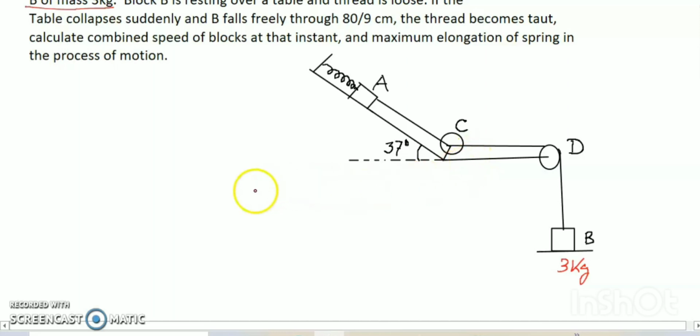Okay, no problem. At first I draw a free body diagram. The free body diagram is very important.